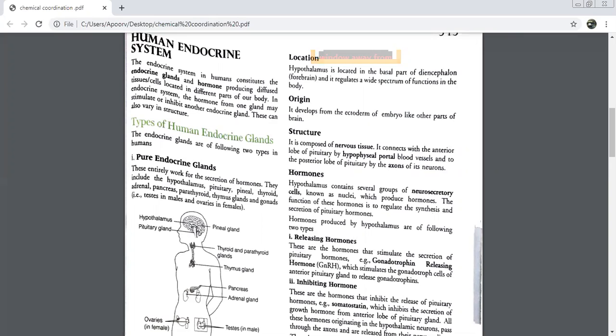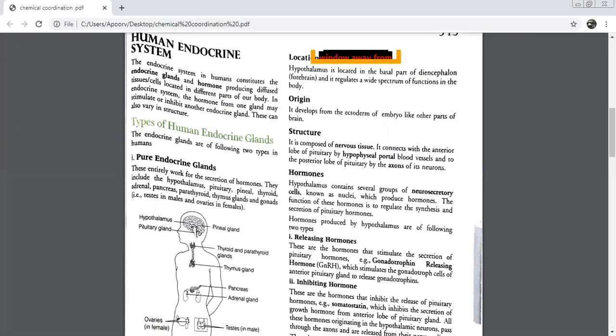We are going to study all the cells and glands which produce hormones. In the endocrine system, the hormone from one gland may stimulate or inhibit another endocrine gland. This is very interesting. Look, the hormone from one gland. Supposing you have two glands nearby, A and B.